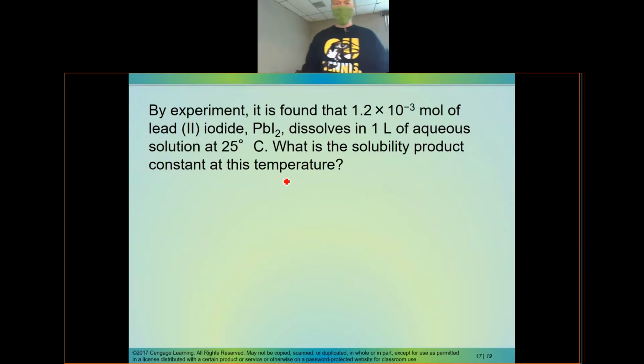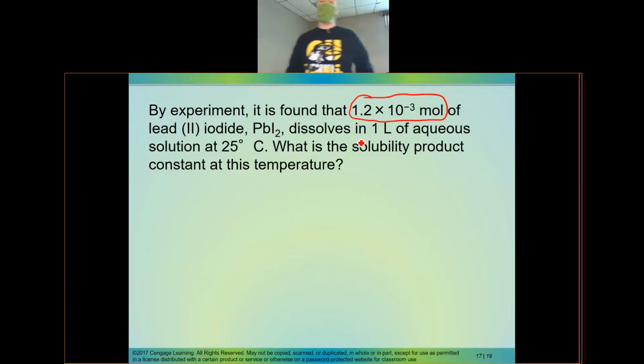All right, so this one, they said they already converted it for you. Instead of just saying how many grams they had, they divided by the molar mass and gave the moles. It is found that 1.2 times 10 to the minus 3 moles of lead 2 iodide dissolves in 1 liter of solution. It's just asking for the solubility product, and it does say constant, so you need to know the words.